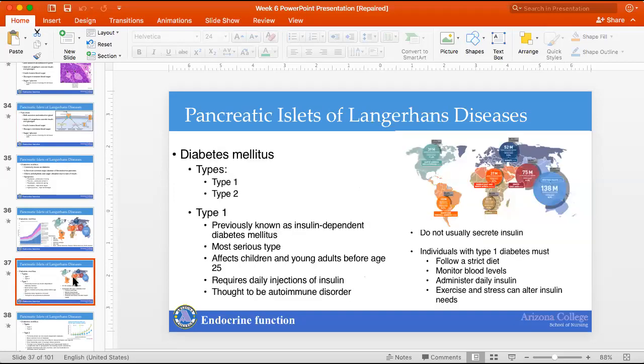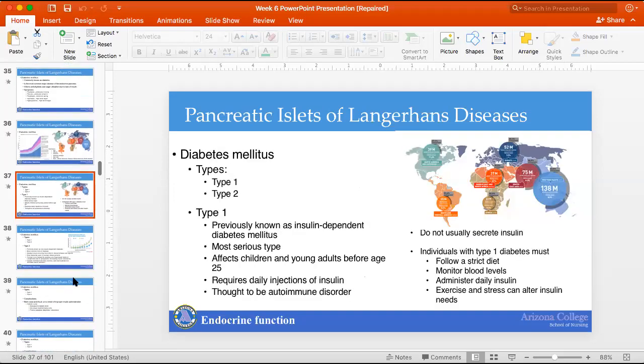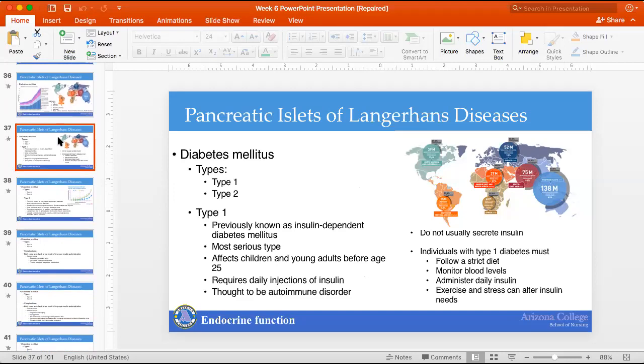So if someone with type 1 diabetes eats a meal, let's say they don't produce any insulin, they need to have this insulin injection. Well, let's say they drink a soda, and they're not controlling it well. What will happen is that their blood sugar will start becoming dangerously high.